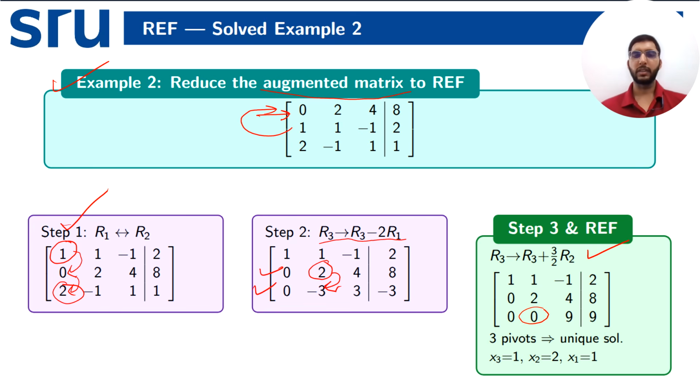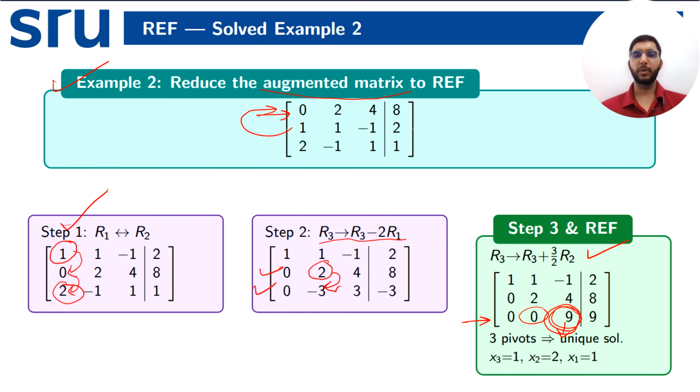Now I go to the third row. The third row has its first non-zero entry at this place, that is equal to 9. Correct. So this is our pivot entry and we need to make 0 below this, but no rows are there below this. So it is the third pivot entry.